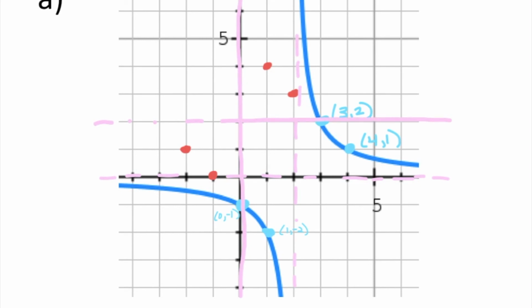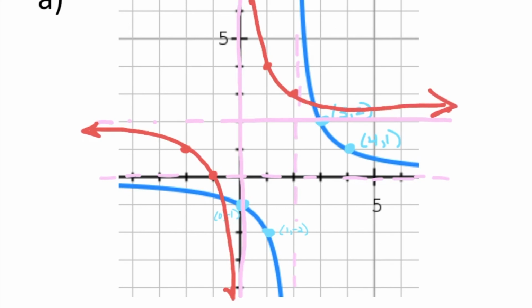And so my inverse function is in red, and it's going to go through those points and follow those asymptotes, and it's going to look something like this.